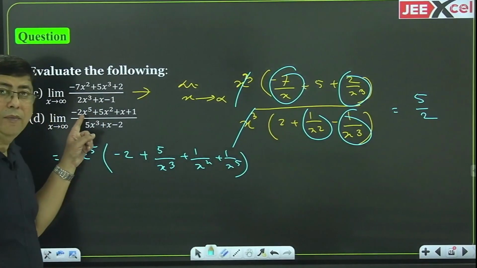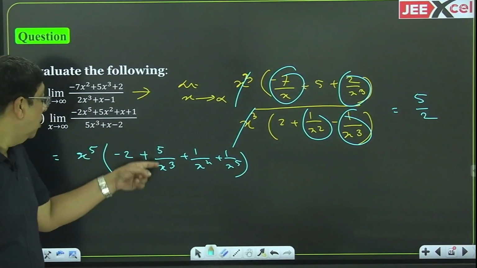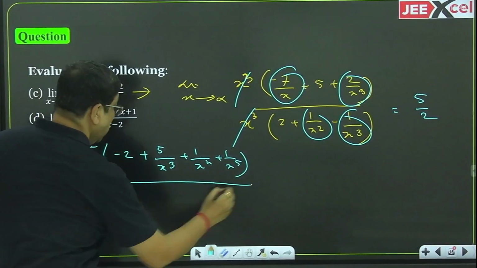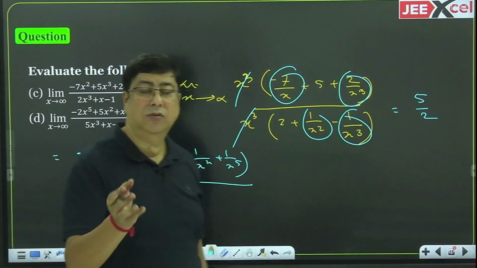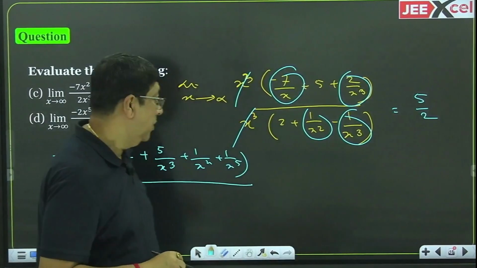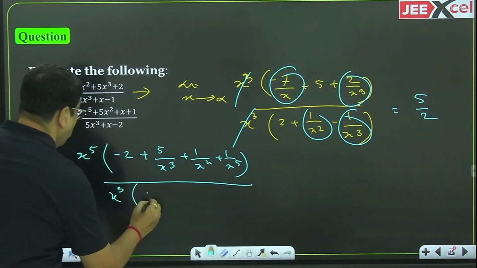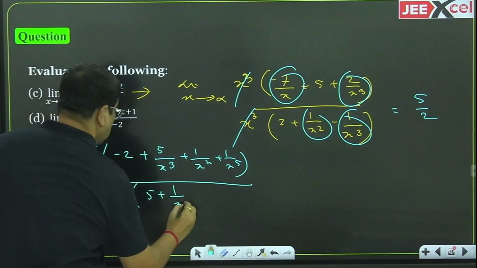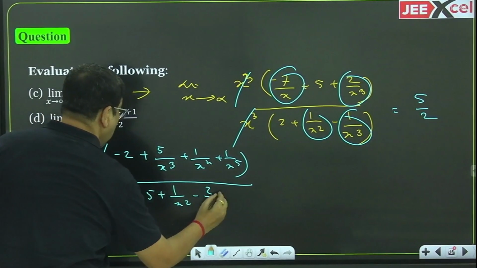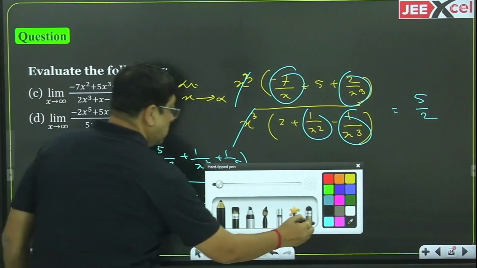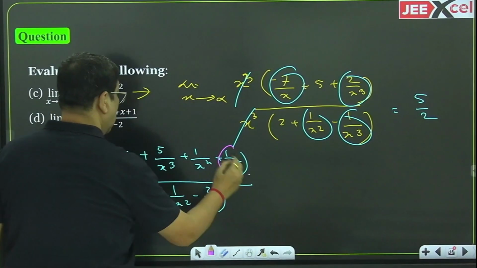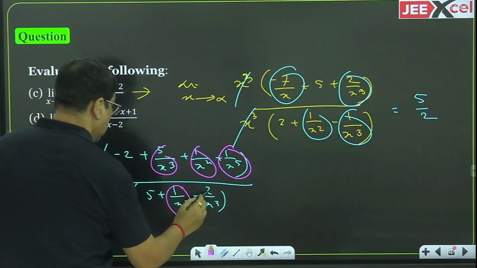Look here, I am taking x to the power 5 common, because when x tends to infinity, 1 by x always becomes 0. So see one thing. In this case, if we take the highest power outside, 5 plus 1 by x square minus 2 by x cube. So make all the 1 by x terms 0. This is 0, this is 0, this is 0, this is 0, this is 0.